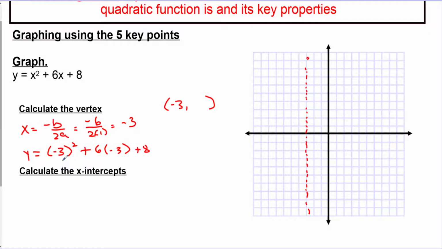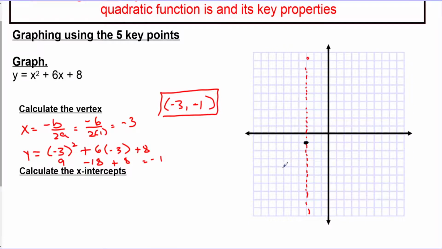If I simplify this, I get 9 minus 18 plus 8. 9 minus 18 is negative 9, and negative 9 plus 8 is negative 1. So when I plug in a negative 3, I get back a negative 1, and that's my vertex. There's one point done. I'm going to put that on my graph: (-3, -1), right here.